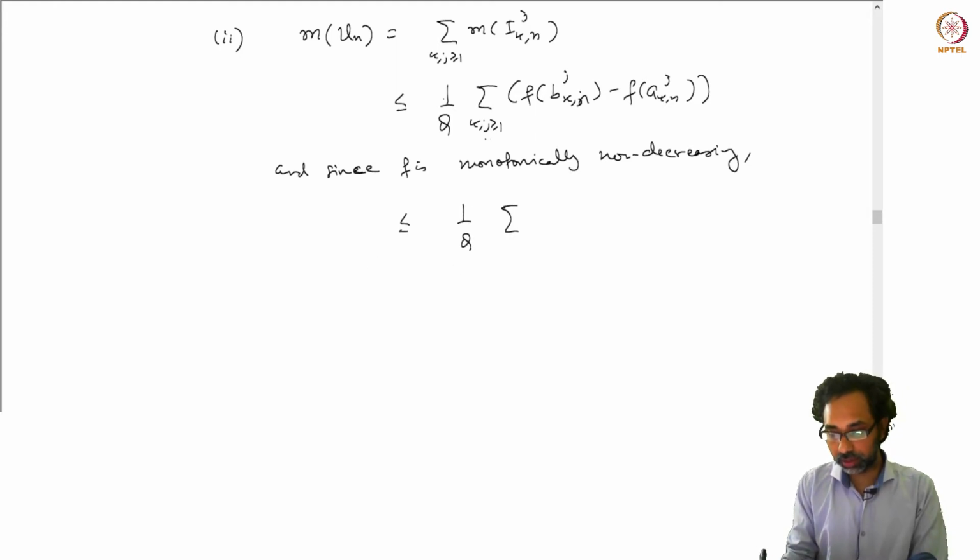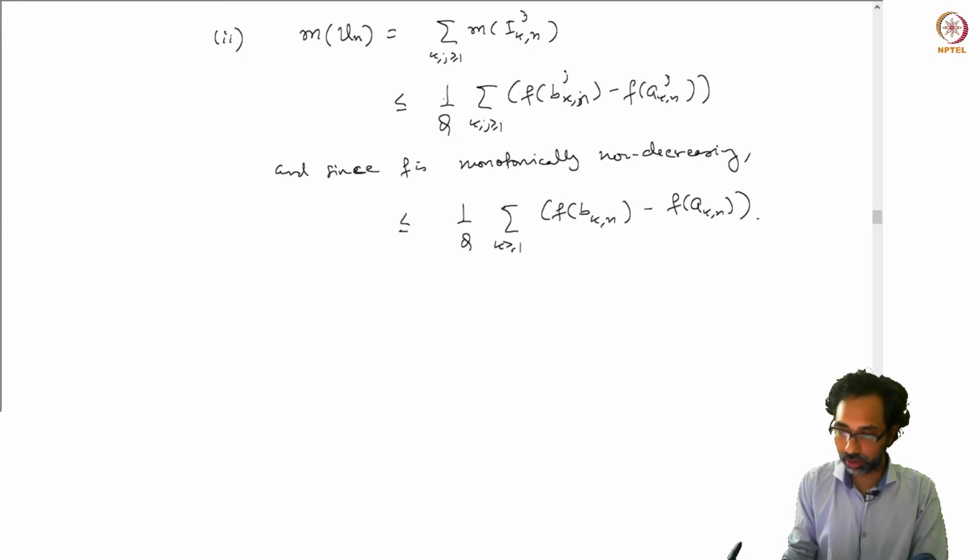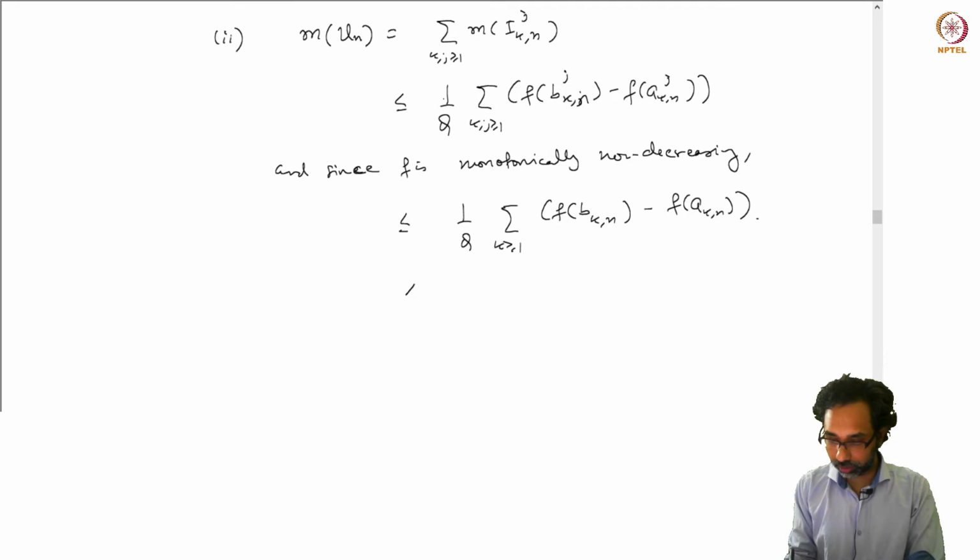we have that this is less than or equal to 1 over Q. We can sum over j, and if you just sum over j, then it is going to be less than or equal to f of b_{k,n} minus f of a_{k,n}. And now again, because of the rising sun inequality that we had earlier, this is less than or equal to q over Q times the sum over k greater than or equal to 1 of m of I_{k,n}.